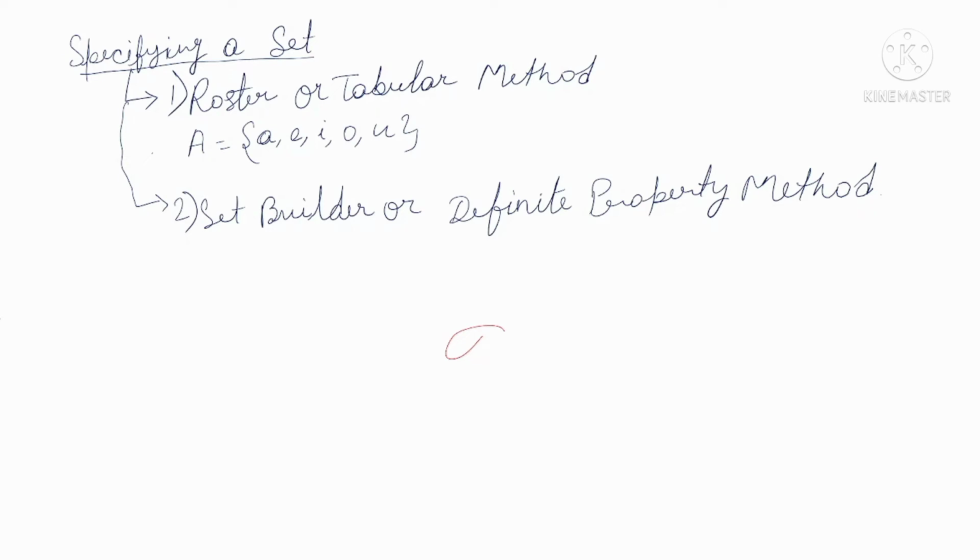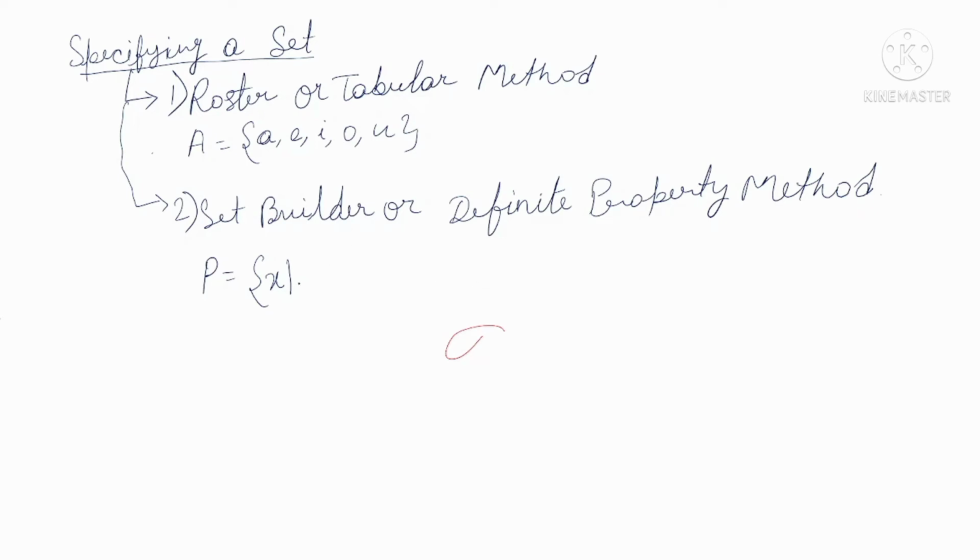We write the set builder form just like, for example, P is a set, X, and here we write X, and then we use a vertical line, and after that we write the property. So how do we write the property? You can see here, X is a product manufactured by the company R.